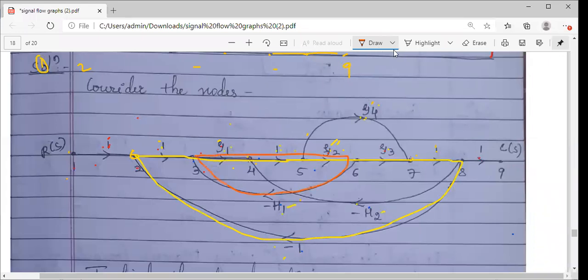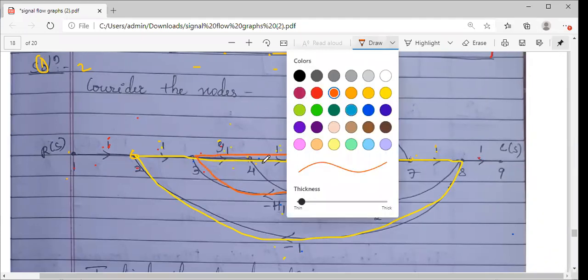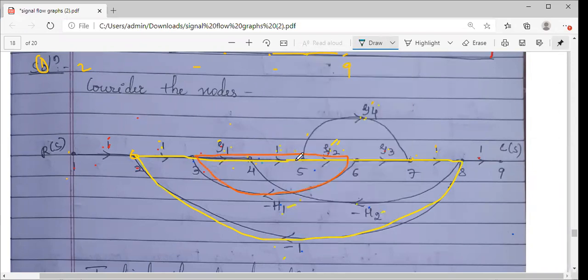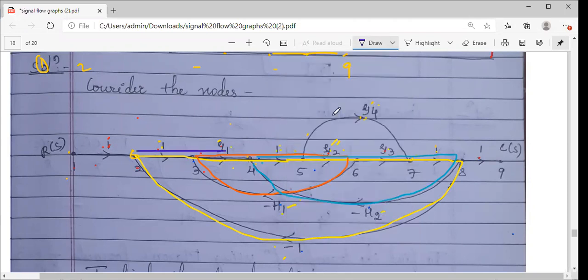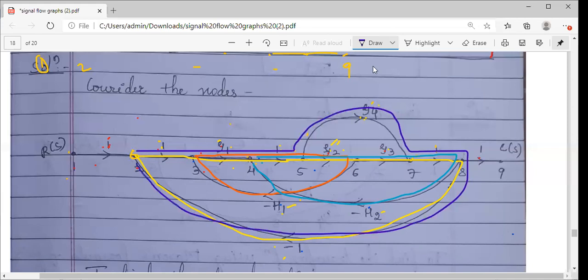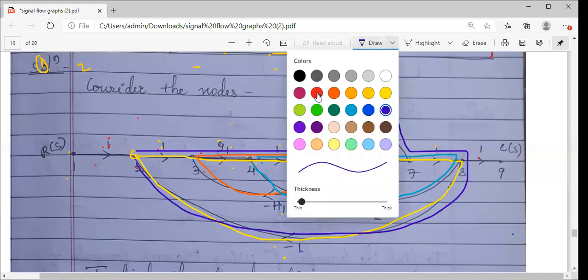Second loop. Third loop. Fourth loop. The last one.